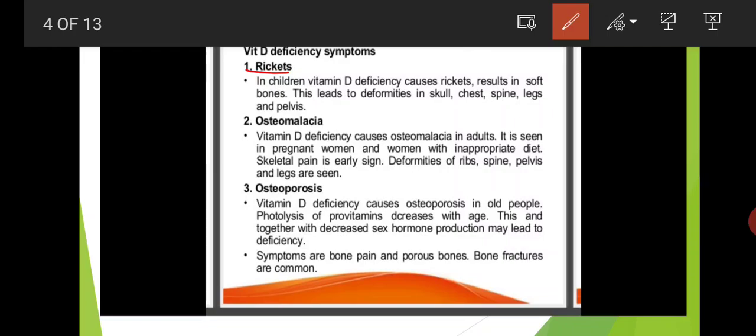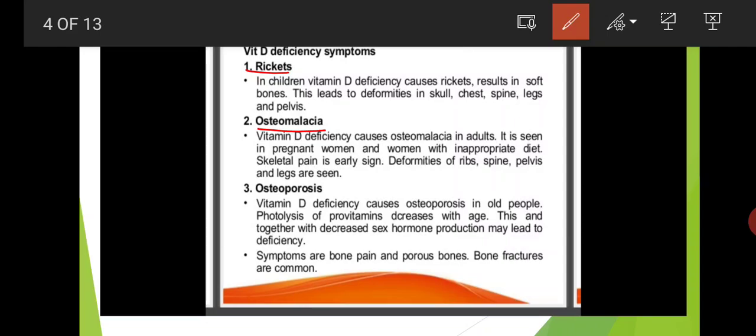The second is osteomalacia. Vitamin D deficiency causes rickets in children and osteomalacia in adults. Osteomalacia is seen in pregnant women and women with an inappropriate diet.